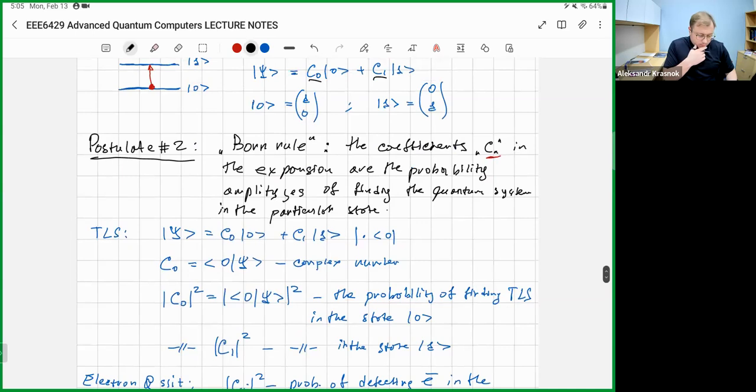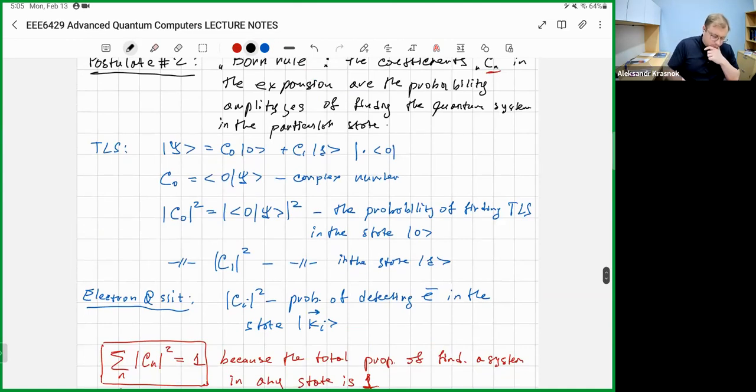Then postulate number 2 tells us that the coefficients of this superposition of this representation give us the probability amplitudes of finding the system in a particular state. Right.